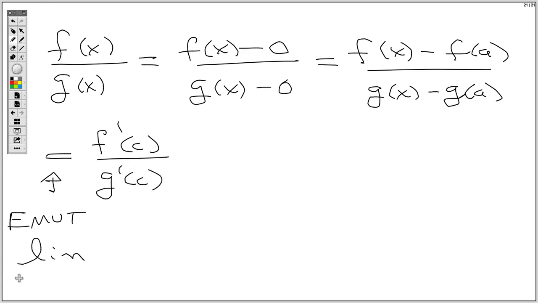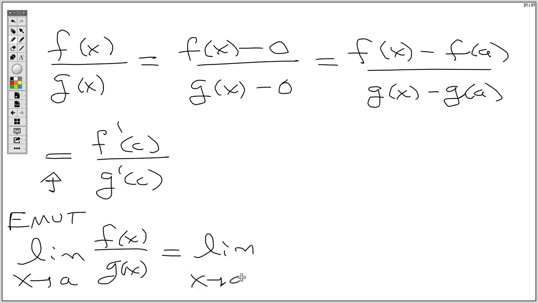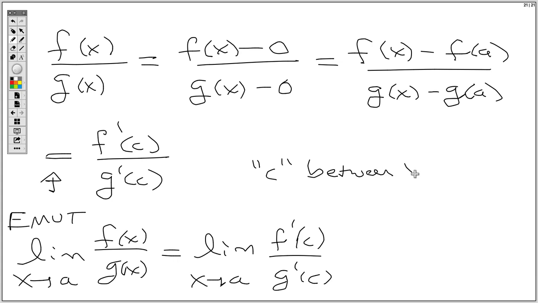And so the limit as x approaches a of f of x over g of x would be the limit as x approaches a of f prime of c over g prime of c. But remember that the c here is between x and a. So as x gets close to a, c is also getting close to a.